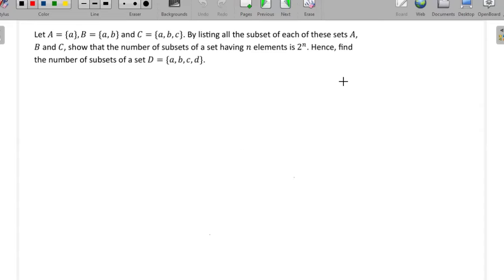So it's like they are telling us to prove that formula, the one that we've been using to find the number of subsets. And specifically here, they just want us to use whatever set they have given us.